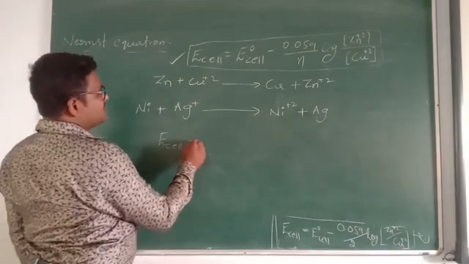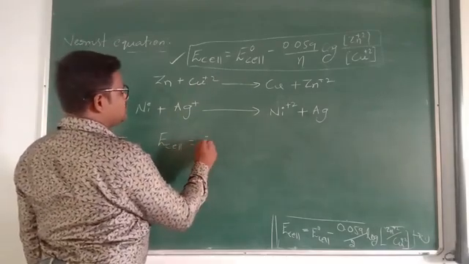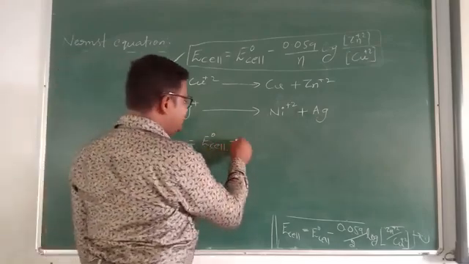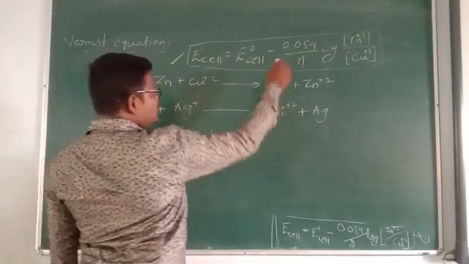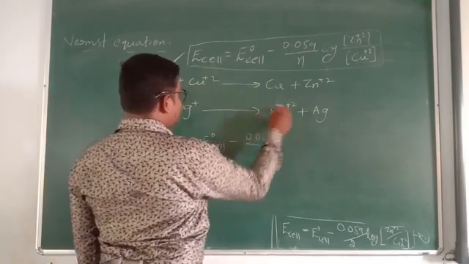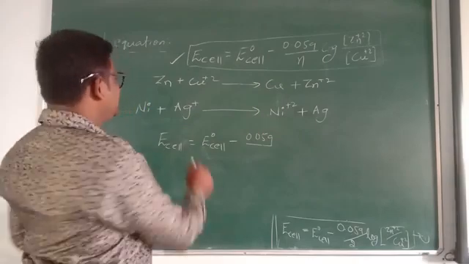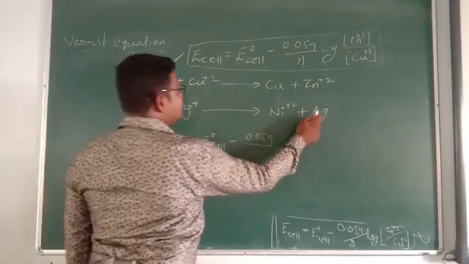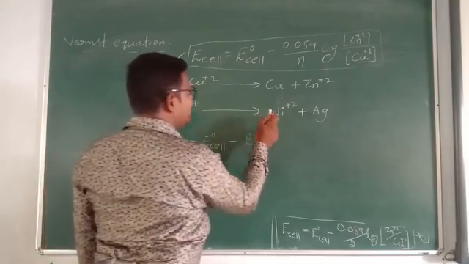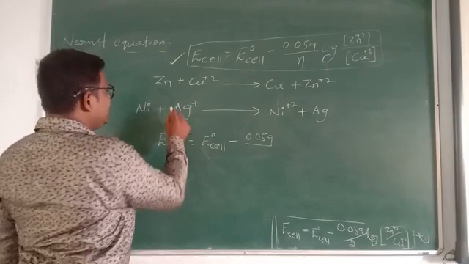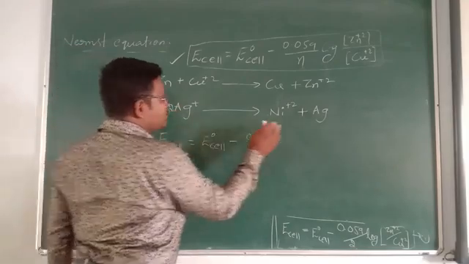E cell is equal to E naught cell of this nickel minus 0.059 by the number of electrons lost or gained. Here 1 electron is gained by Ag, while 2 electrons are lost by nickel. Is it correct? It is not balanced, so simply balance it by keeping 2 here.